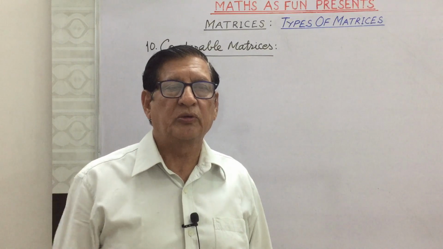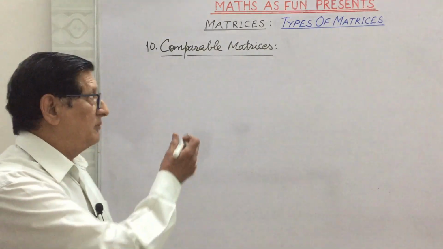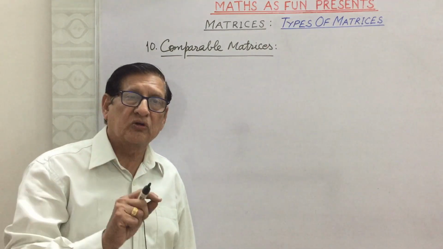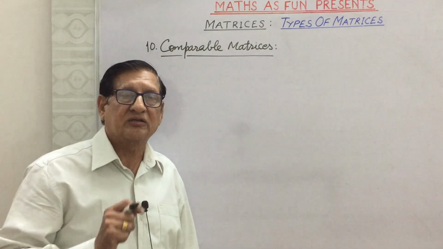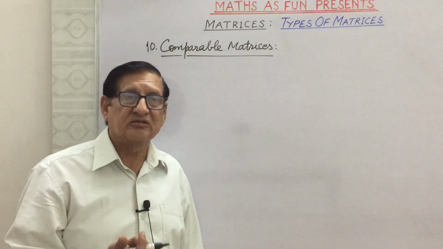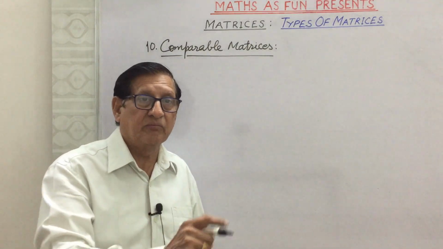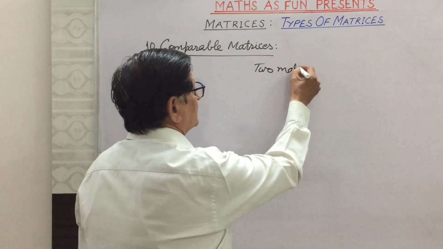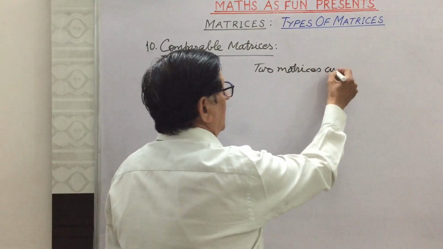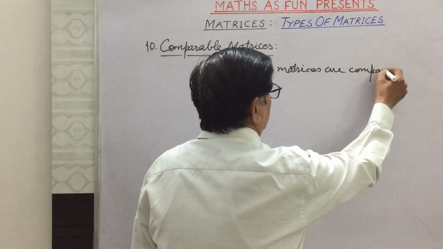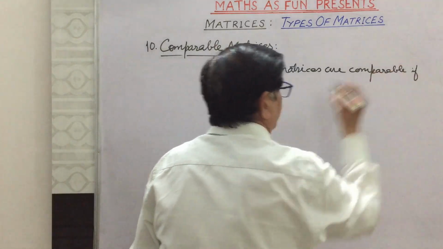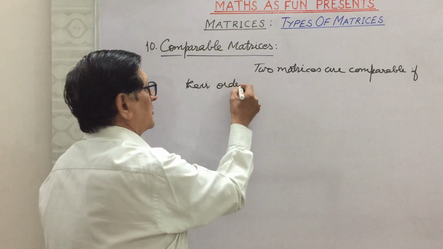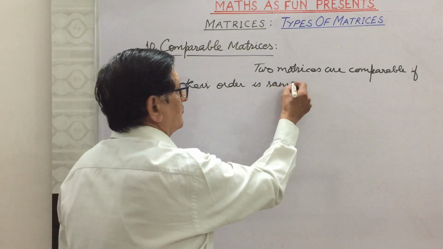Next we learn about comparable matrices. What are comparable matrices? Any two matrices are comparable if the number of rows and number of columns in both are the same, or we can say the order of both is the same. So we can say two matrices are comparable if their order is the same.